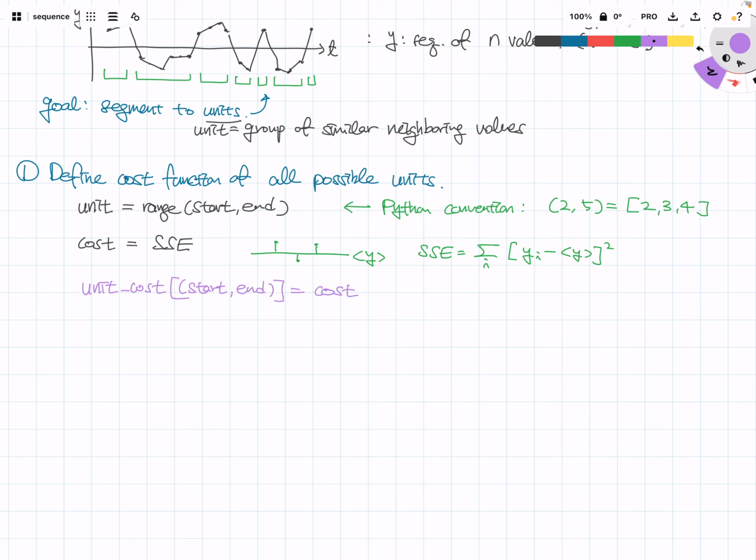Then for all possible start in range n-1, because it should be start, for all possible end for the given start, plus 1, n. Let me remind myself quickly.